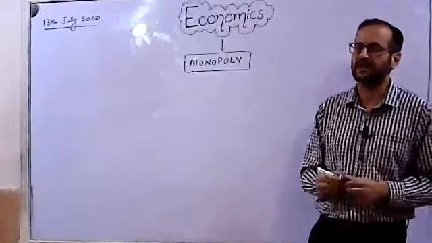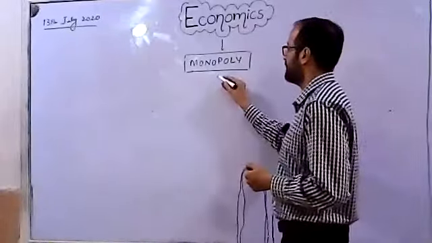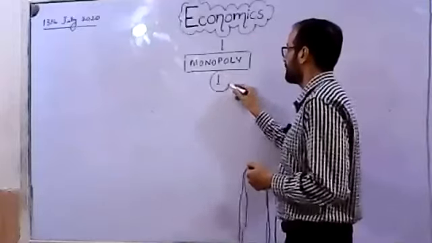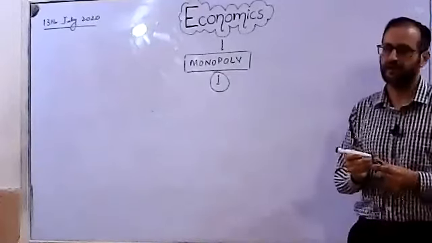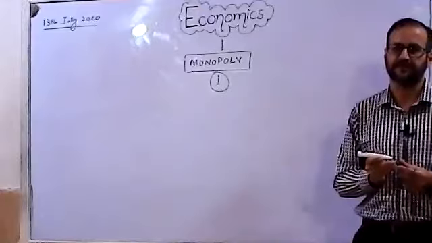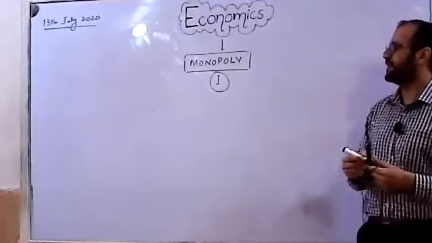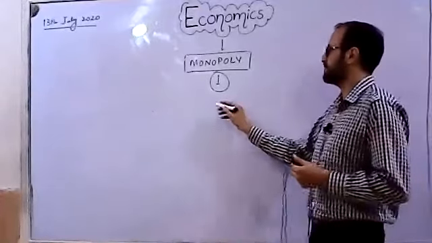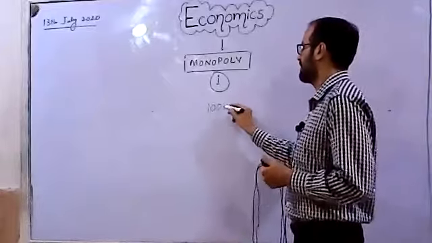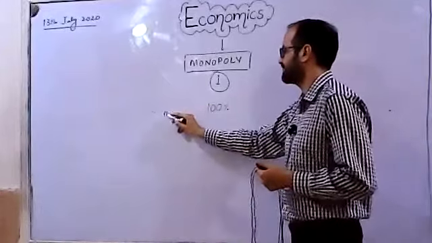So how many sellers are there? The monopoly usually has one seller or maybe a few sellers, somebody who has like 100% market share.